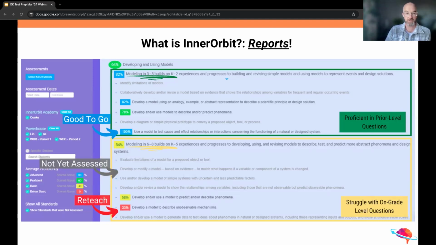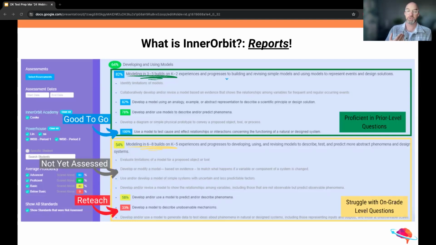And at the middle school level, we noticed that students were struggling to develop a model to describe unobservable mechanisms. So that's probably a scale, proportion, quantity thing. We're looking at things that are too big or too small or too fast or too long for us to meaningfully observe, and maybe modeling of that is something they really struggled with.